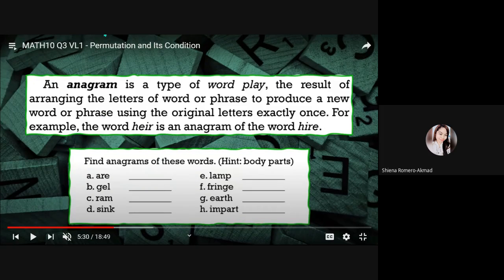So, how did you get the words? Aside from using the clues, what did you do to the letters? Simply rumble or rearrange the letters or change their arrangement, right? Of course, certain words have definition or meaning, and then if you rearrange them and if you come up to another word that has a meaning, and that is what we call the anagram.